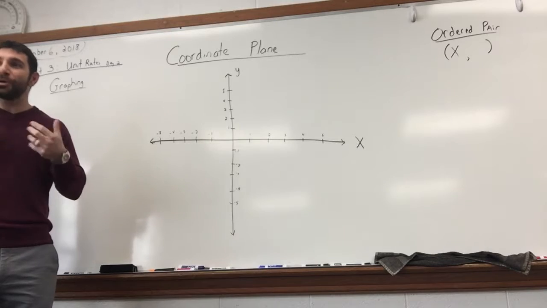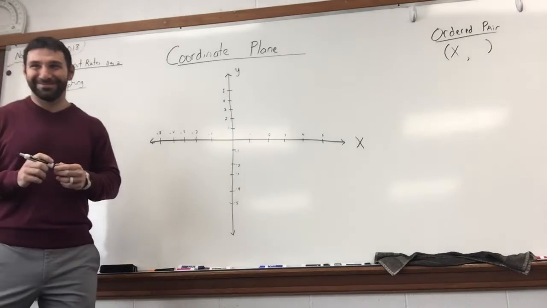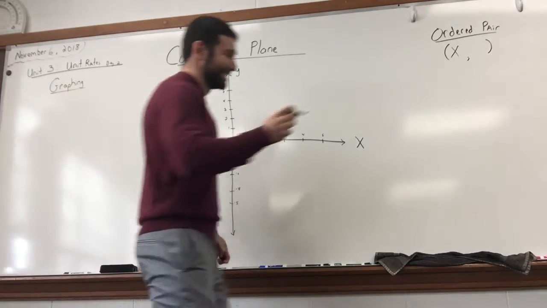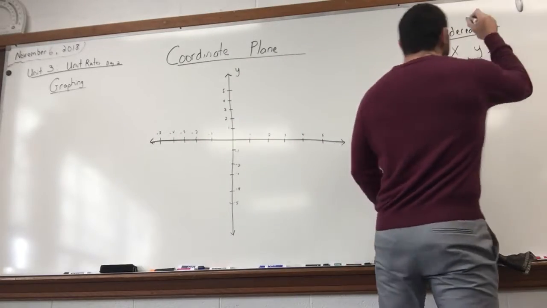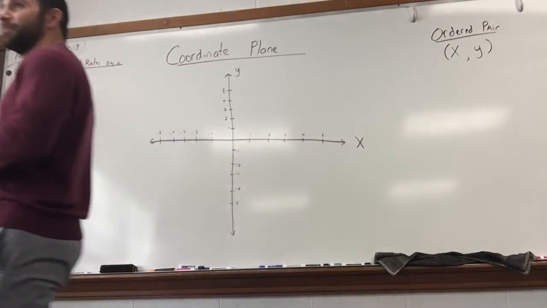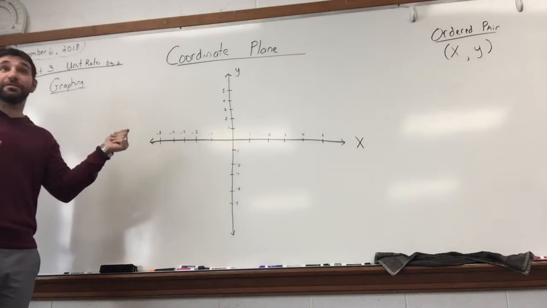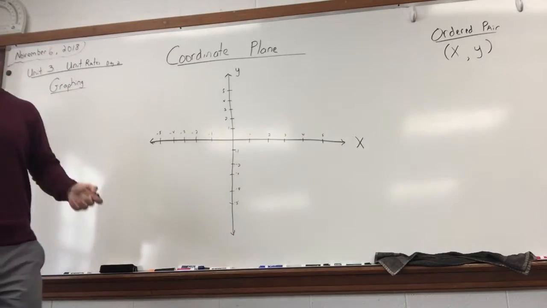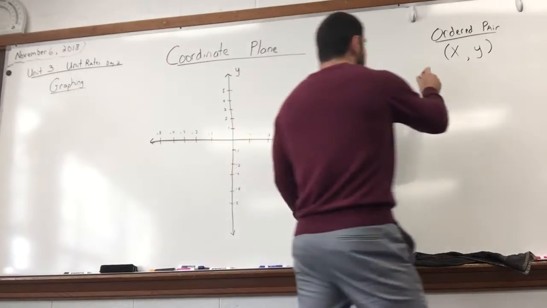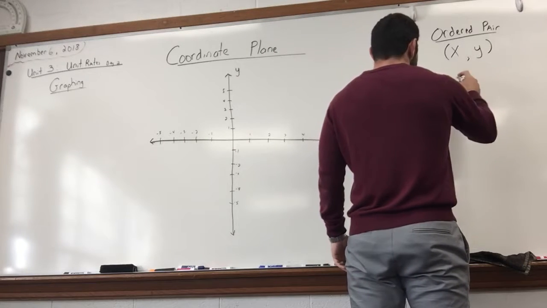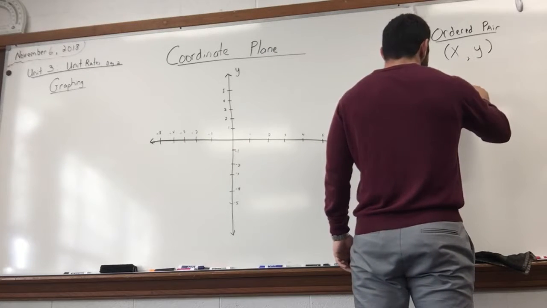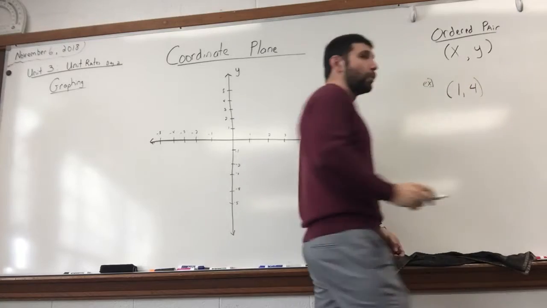Don't ask a question. The letter Y does come second. Very good, Ella. So our ordered pair is always X first, then Y. So you might have an example of this ordered pair that says 1, 4.